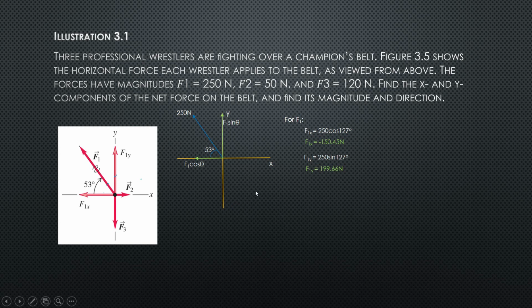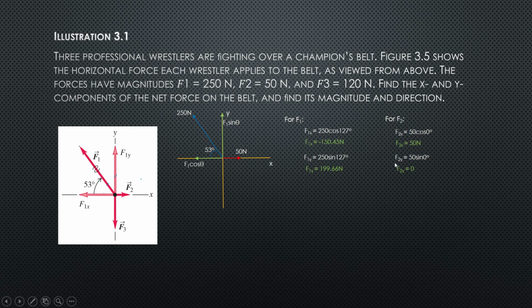Now we will be considering force 2, which is 50 newtons, directed along the positive x-axis. There's no angle given, so the angle could be 0 degrees. For F2, we have F2 cosine theta: 50 cosine 0 degrees, so you'll get 50 newtons in the x component.